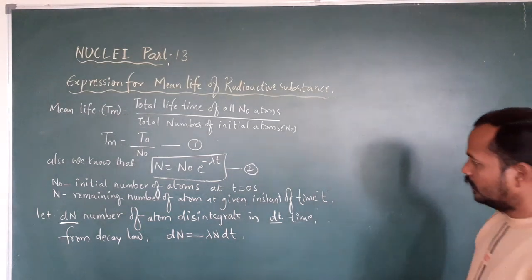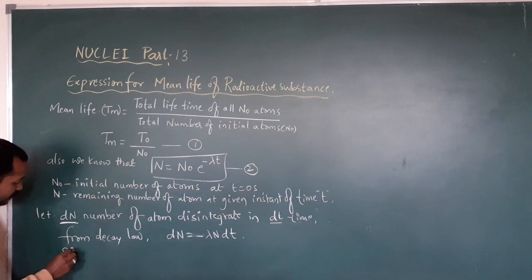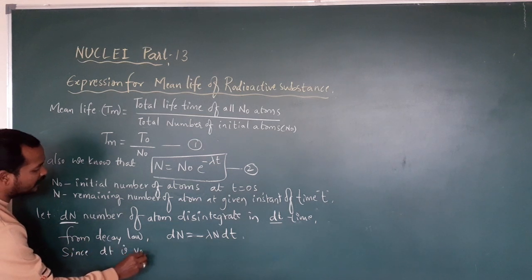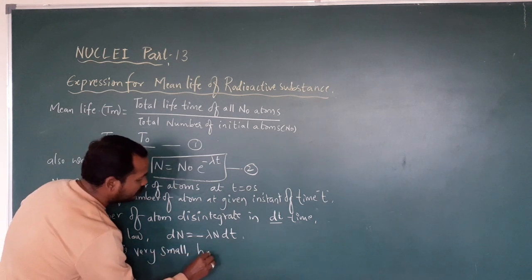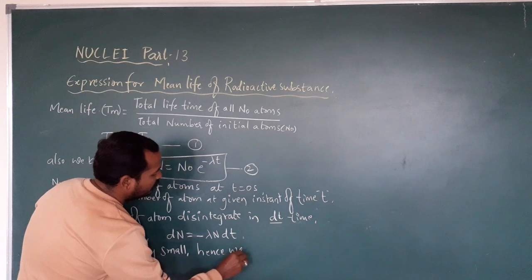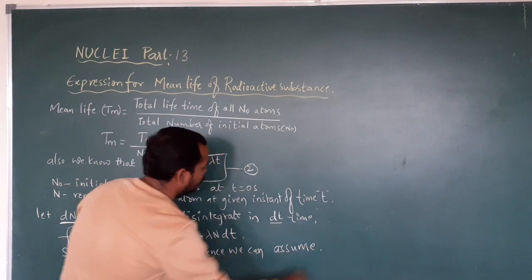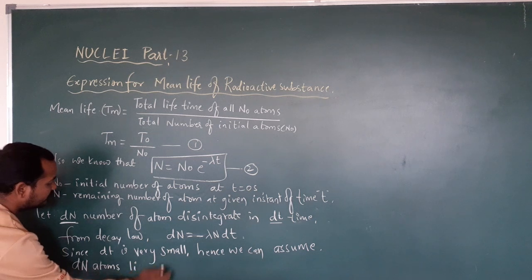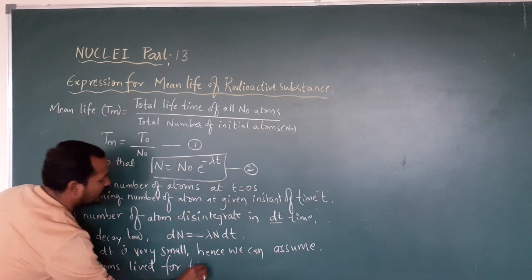Then we can say here, since dt is a very small interval of time, we can assume that dN atoms lived for the time interval t.